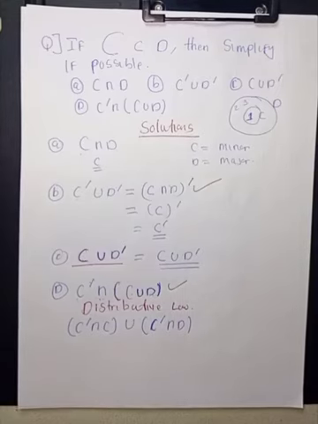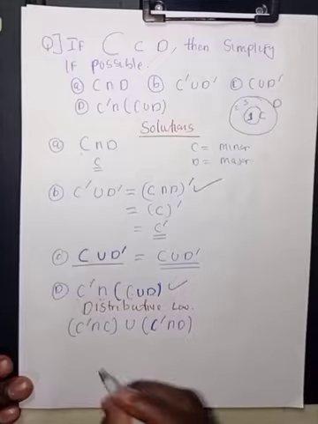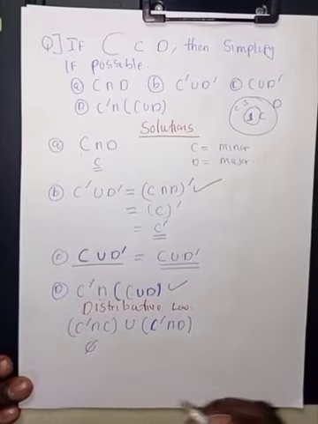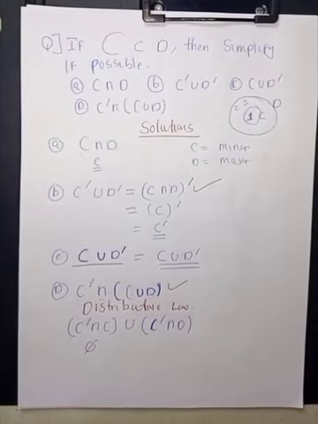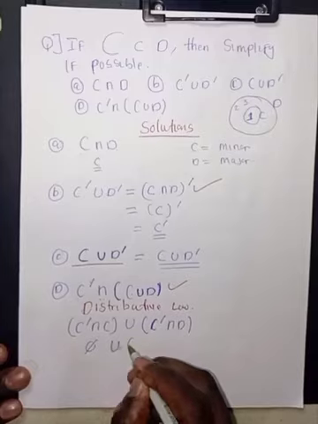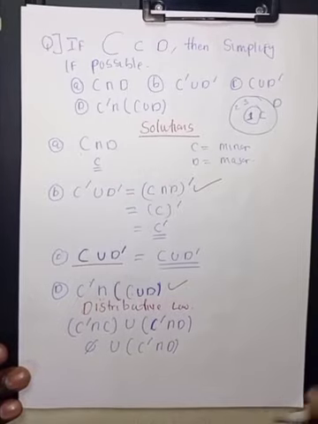It is basically the empty set. We know that, right? Because we are finding the intersection between a set and its complement. Then union, C complement intersection D.